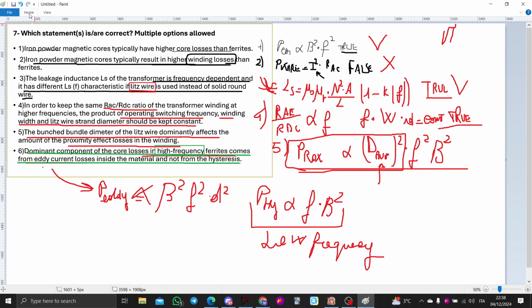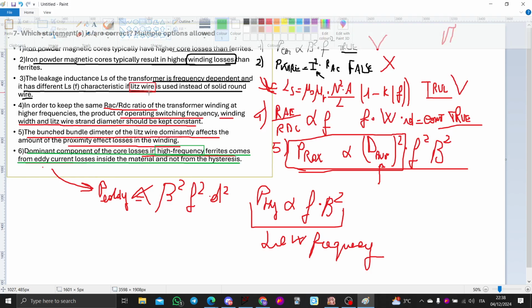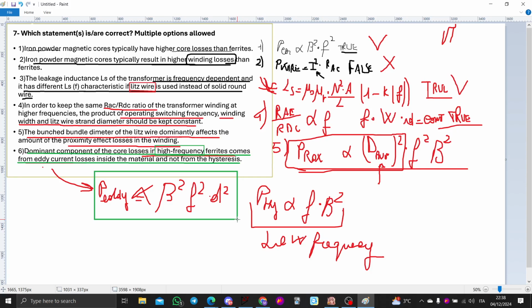Sorry. This is true because the eddy currents have frequency squared, and the hysteresis losses do not have the frequency squared. Yes, the parasitic losses grow with f squared.